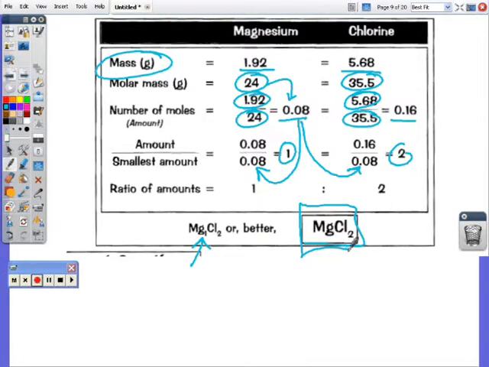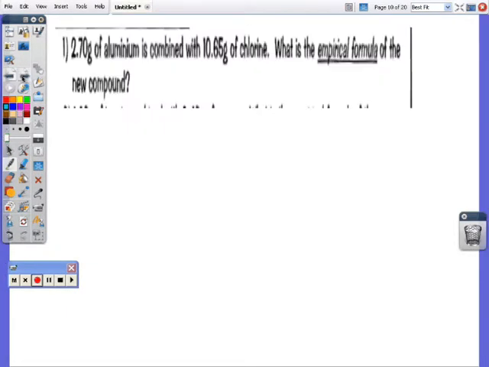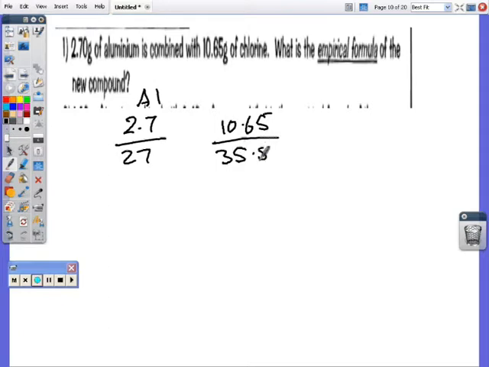So we'll do the same thing again. I will put a few up on the board and you can work through them. So if you pause the video now, I will do the answer for you. So 2.7 divided by 27, that is for our aluminium, and 10.65 divided by 35.5.